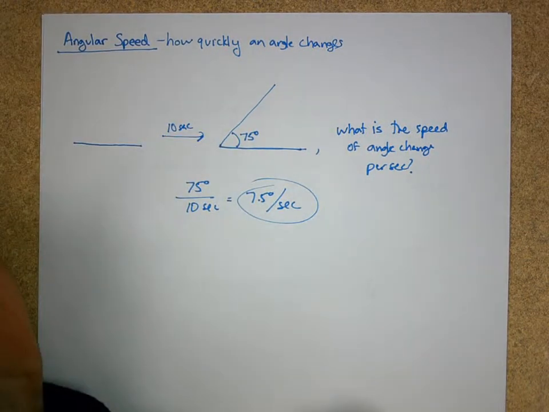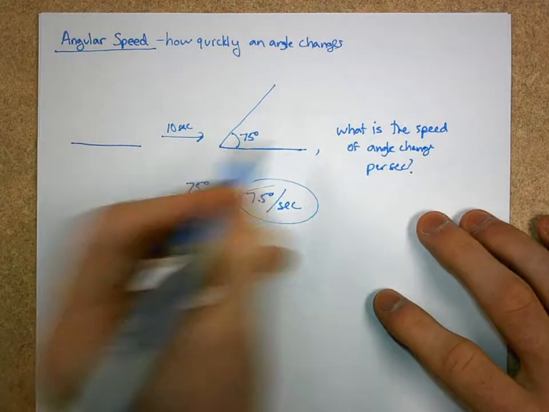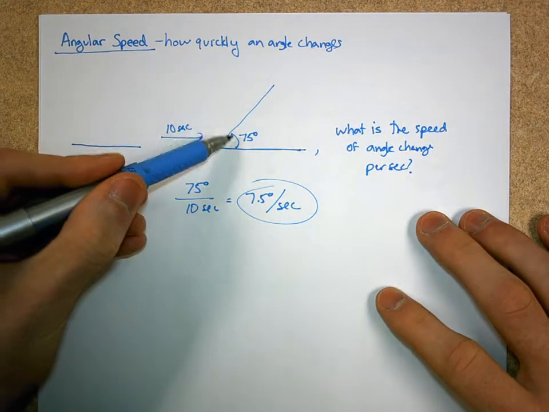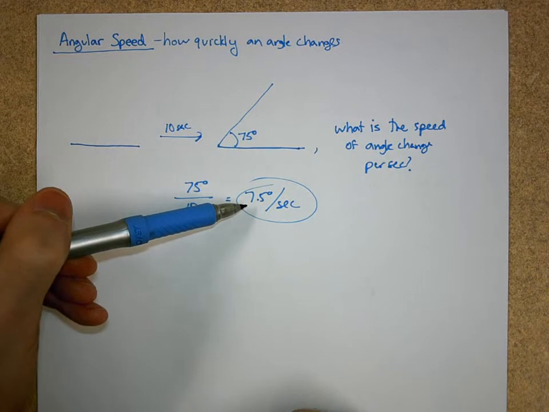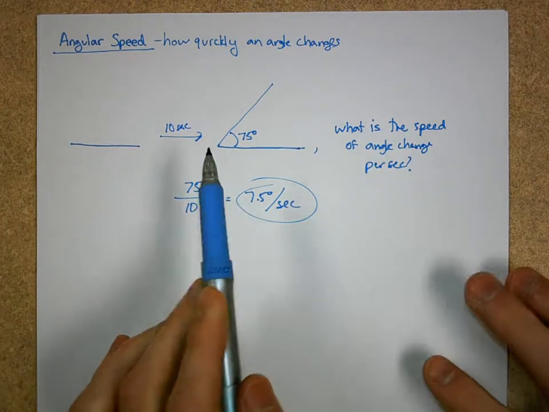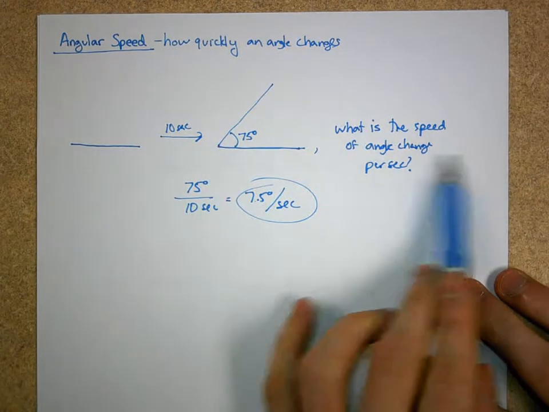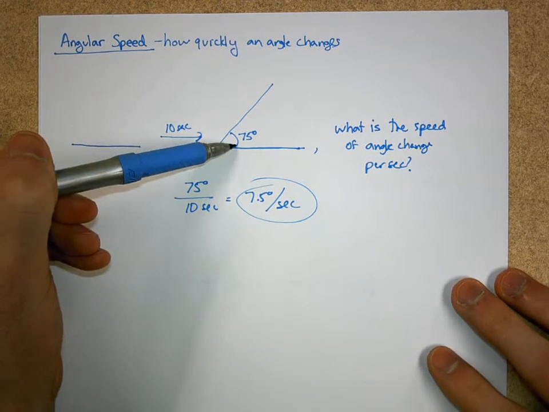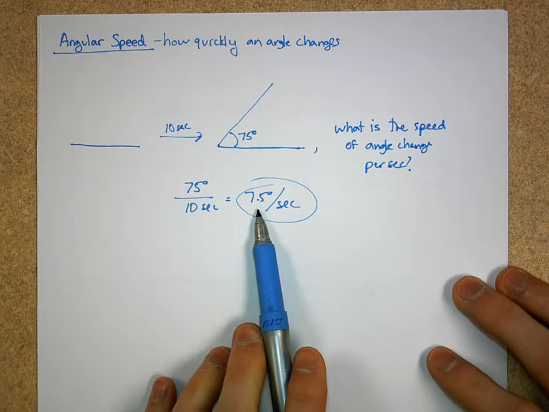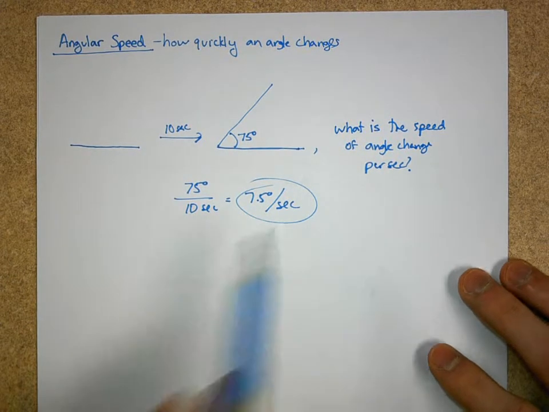How quickly does it change? If I had a radius of 1 inch and the angle changes 75 degrees in 10 seconds, my angle measurement is 7.5 degrees a second. If my radius were 100 miles long and it takes 10 seconds to get 75 degrees, the angle measurement is still 7.5 degrees per second.